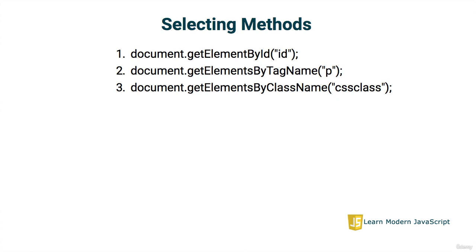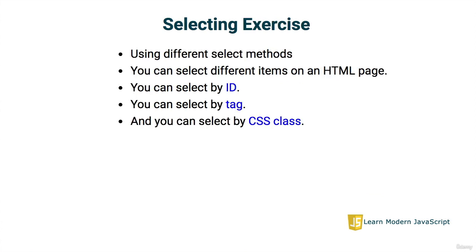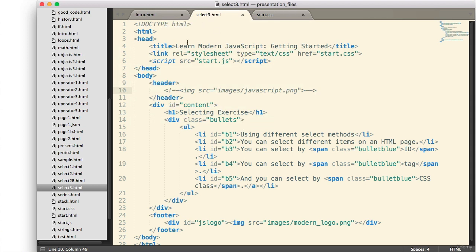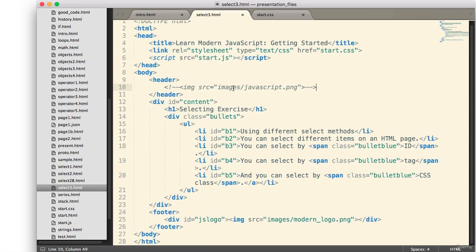Now, let's look at some actual examples of this. So here is a sample HTML page, and this is what I will be using to illustrate these 3 methods. Before we start doing that, I'm going to jump to Sublime, and we're going to take a look at the HTML that defines that particular page.